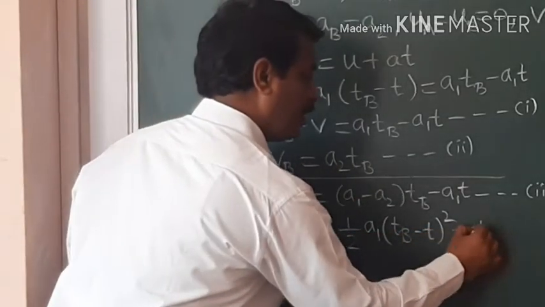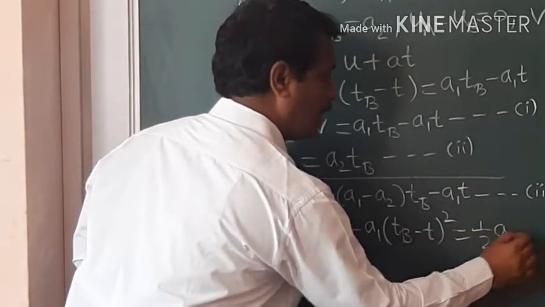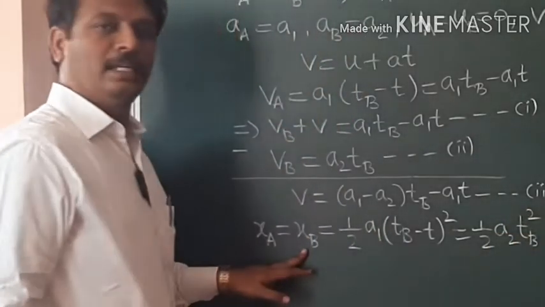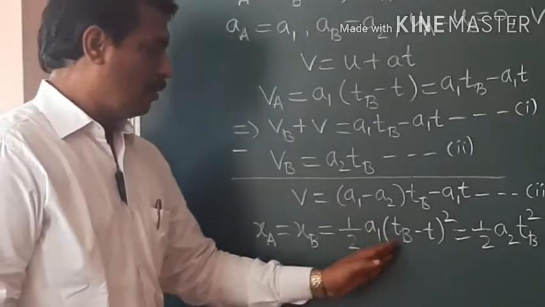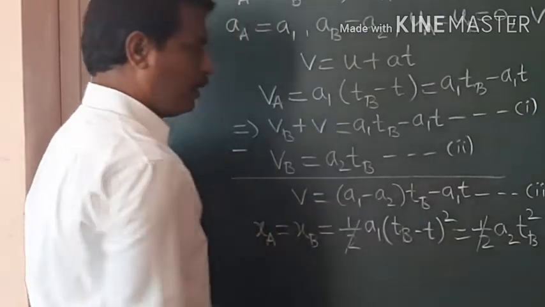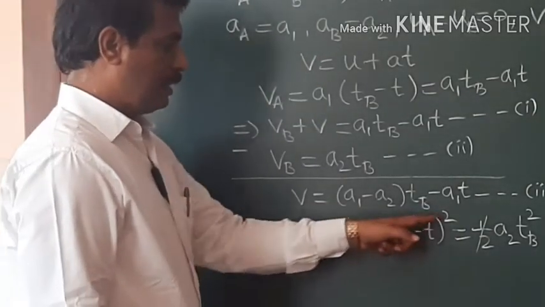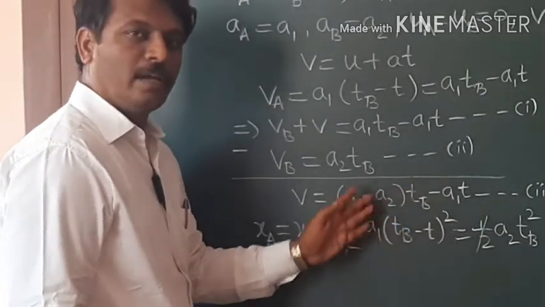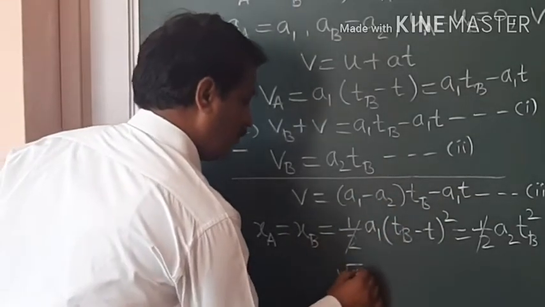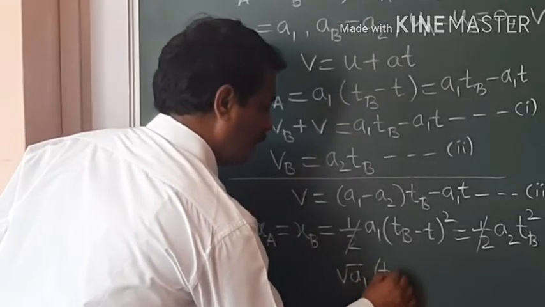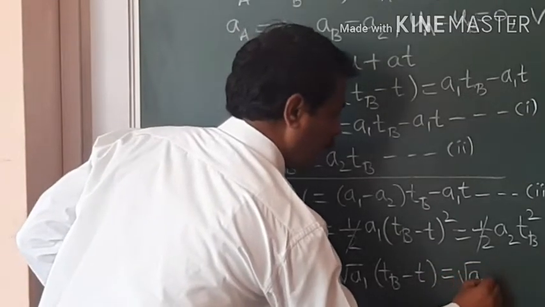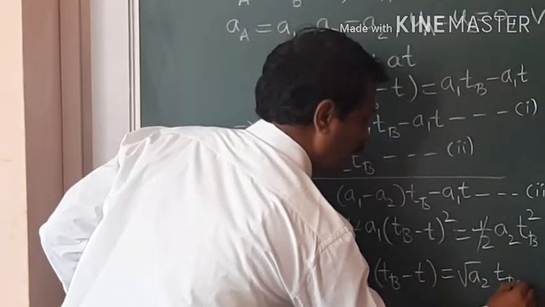Then half a, for car B a is A2, and t square, where for car B t is TB. Now in these two equations the 1/2 gets cancelled, and the square is there. To remove the square, we will take the square root on both sides. Then we get square root of A1 into (TB minus T) is equal to square root of A2 into TB.